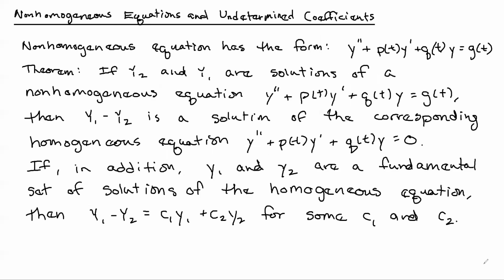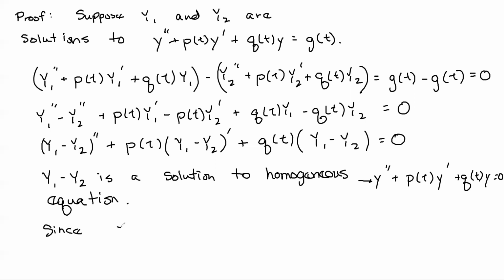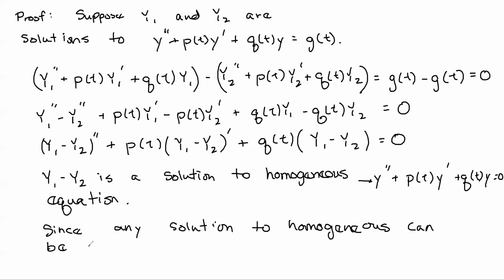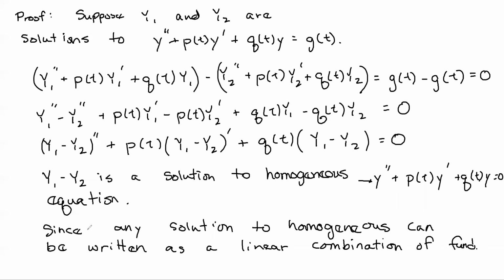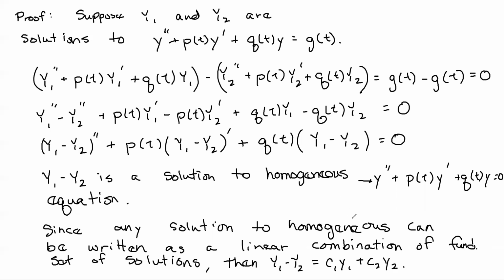This second piece is to say that since any solution to the homogeneous can be written as a linear combination of a fundamental solution set, then this one in particular certainly can. And that completes the proof.